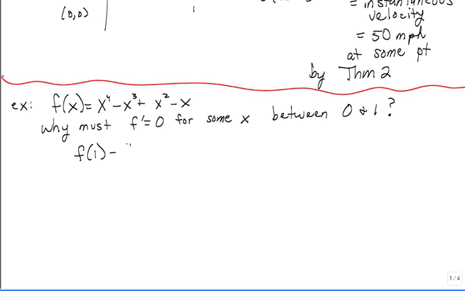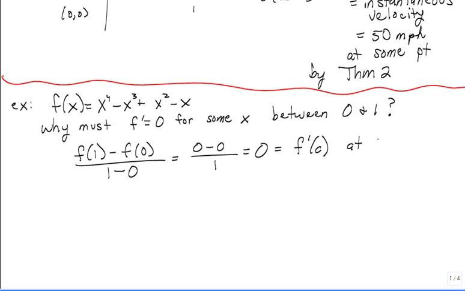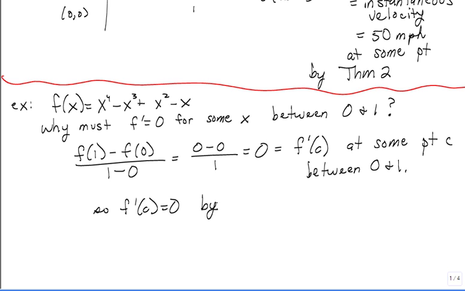Well, if we do the average, f of 1 is 0, f of 0 is 0, and that's equal to f prime of c at some point c between 0 and 1. So f prime of c equals 0 by theorem 2.